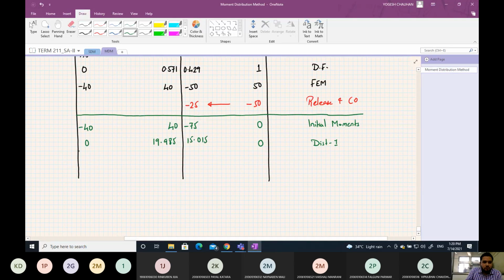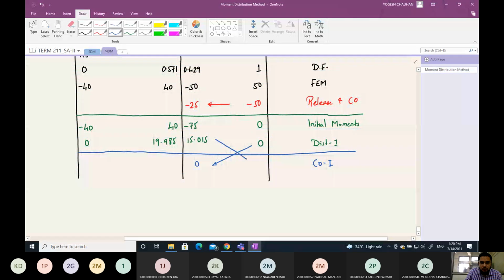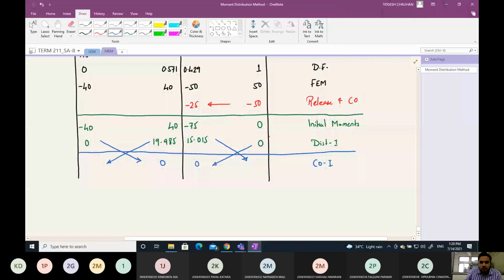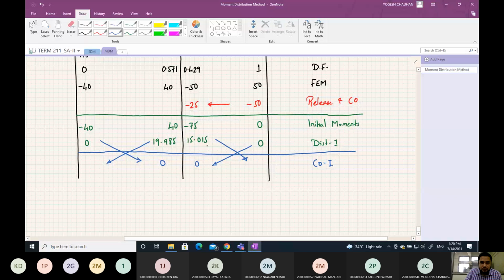Now we do the carryover. So carry over this moment, half of this will be carried forward here, that is 0, and half of this will be 0 only, and this cannot take the moment, so it will be 0.